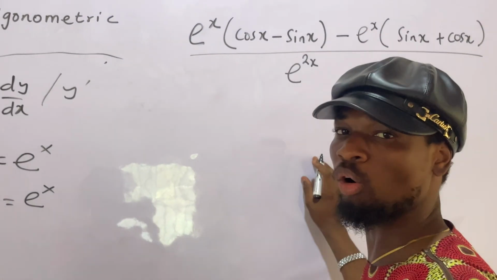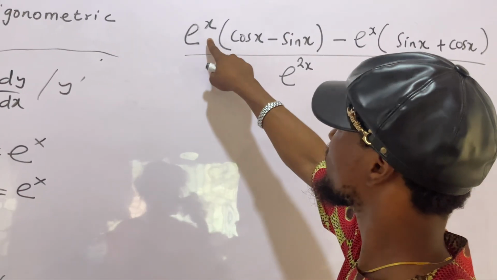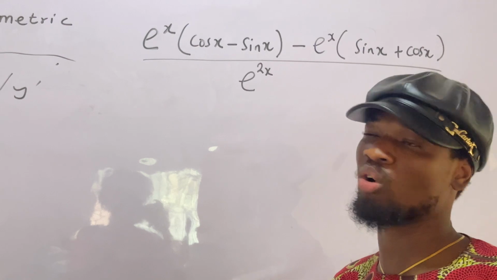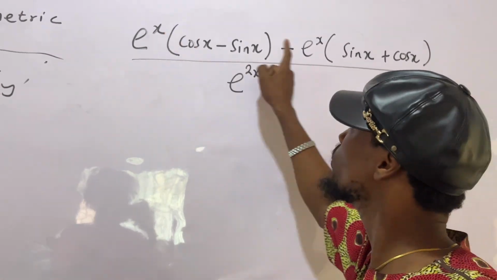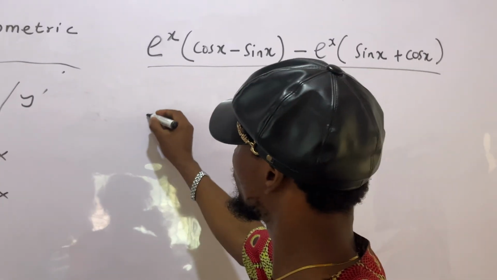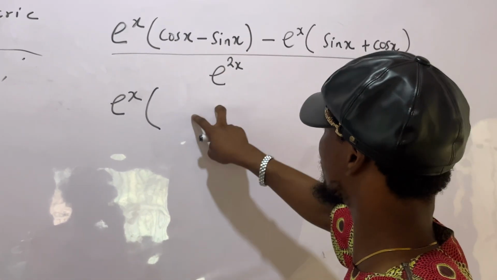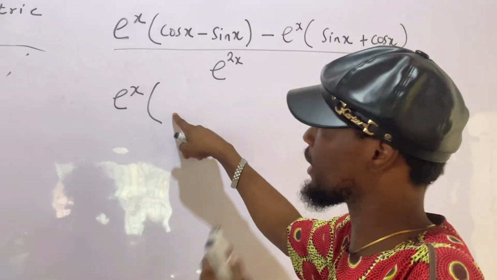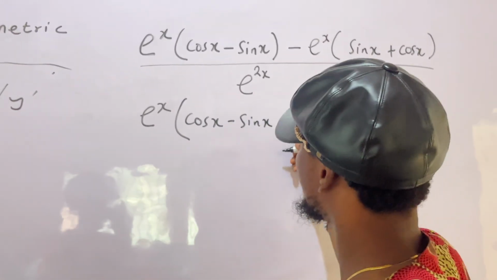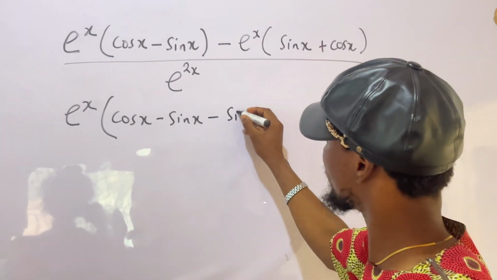And this is basic algebra. Good. So what are you supposed to do here? You can multiply through or expand, but viewers, that will be very tedious, because e to the power x is here and e to the power x is here, so it calls for factorization. So I have e to the power x, then an open bracket, and I enclose everything into the parentheses. So I have cos x minus sine x. Then this negative is affecting sine x, so I have negative sine x.